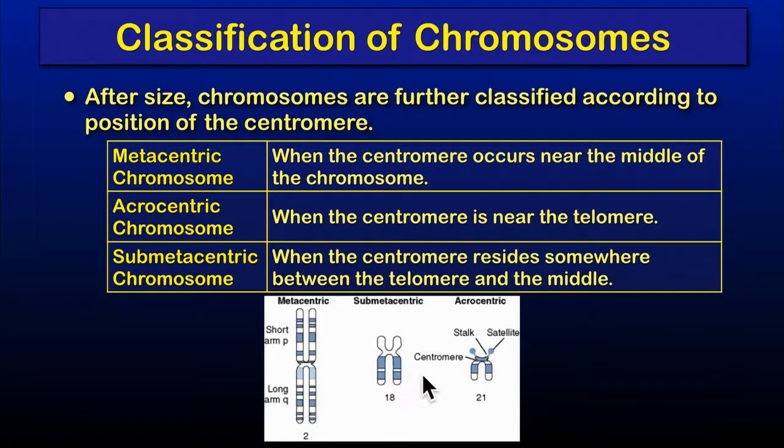And then we have the acrocentrics, where the upper arms are present but extremely small. One other point that I want to make with respect to the acrocentric chromosomes is that the P arms of the acrocentric chromosomes are where the ribosomal RNA genes reside.